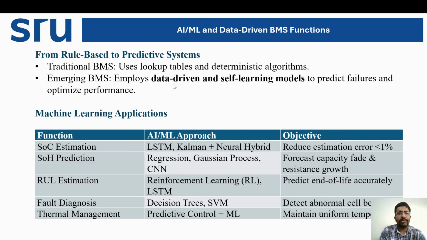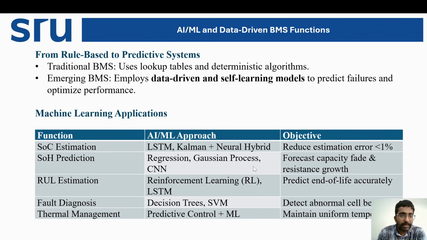Here we are able to predict the failures, data we are receiving continuously, we are updating the data, new data are also monitored, stored and used for the training of the AI ML models. So self-learning models will be developed, which will be using the updated data also.